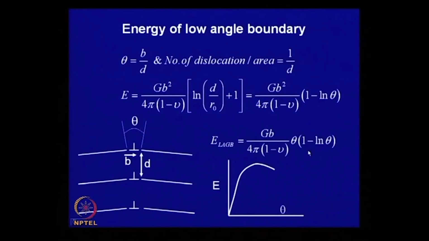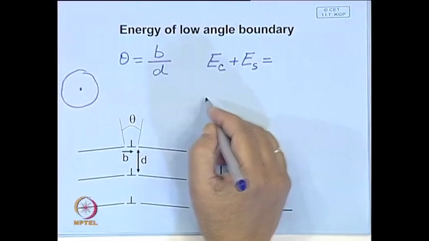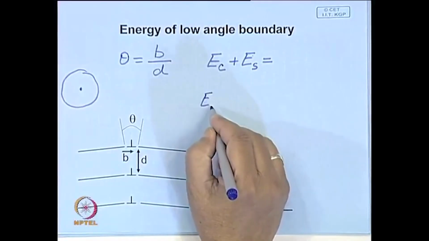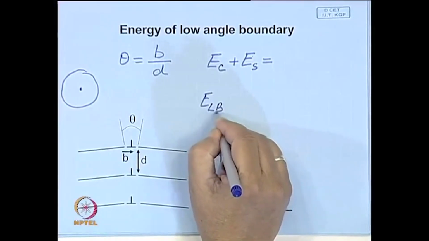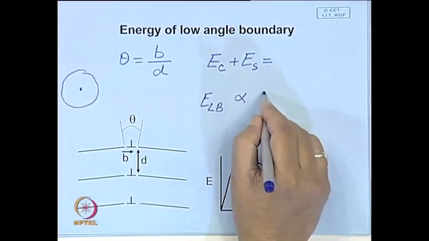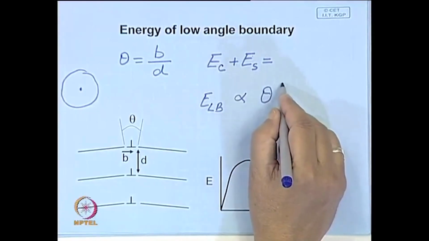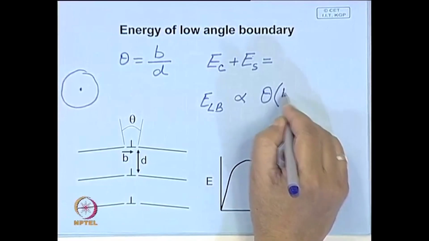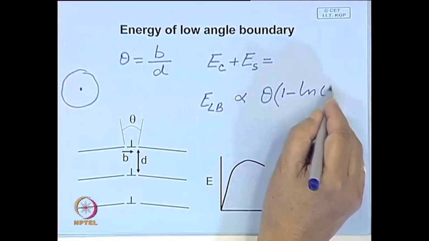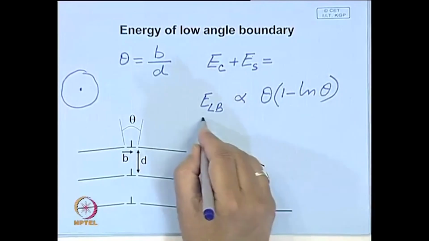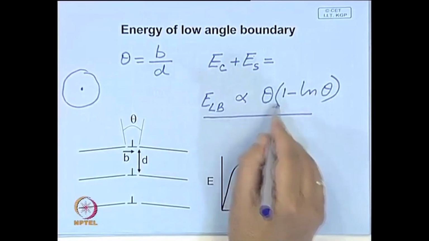Now, one important thing is that this low angle boundary energy is proportional to that orientation mismatch, theta, times 1 minus ln theta. So this is a function of theta.